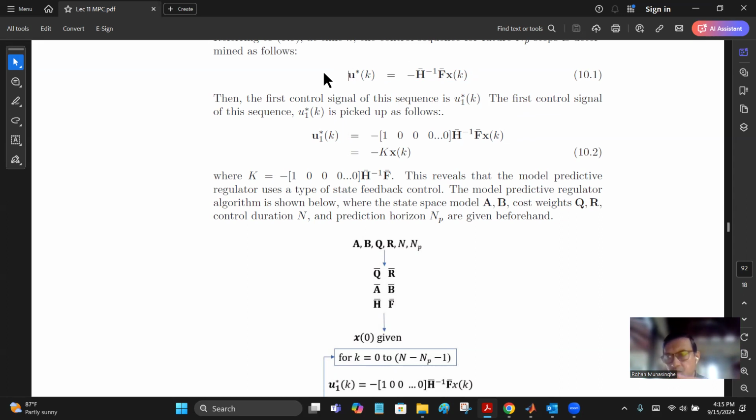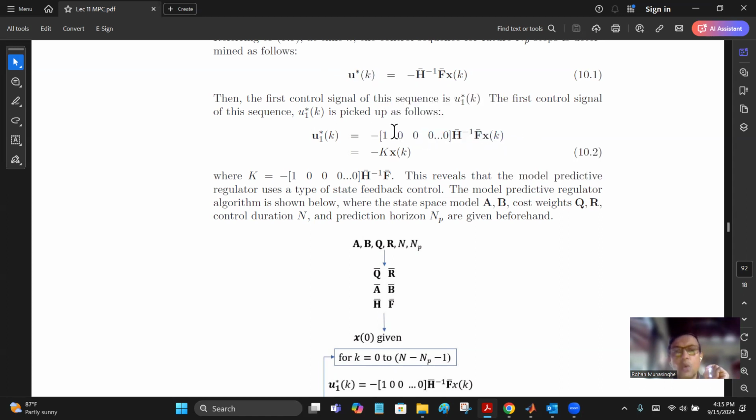We only take the first one. So if you stick to that here also, you need to do this adjustment: U star 1k, that is the first element of U star. We get that first element extracted by this matrix operation.